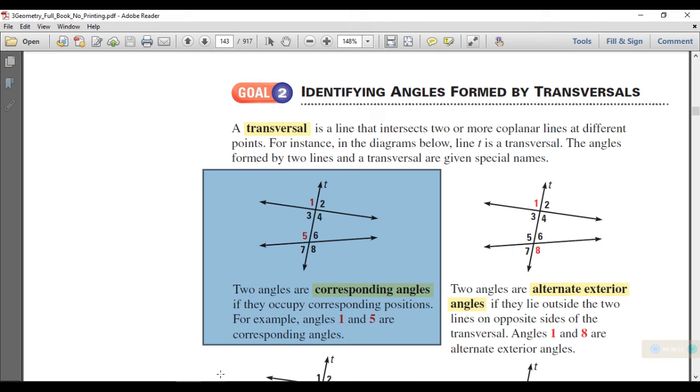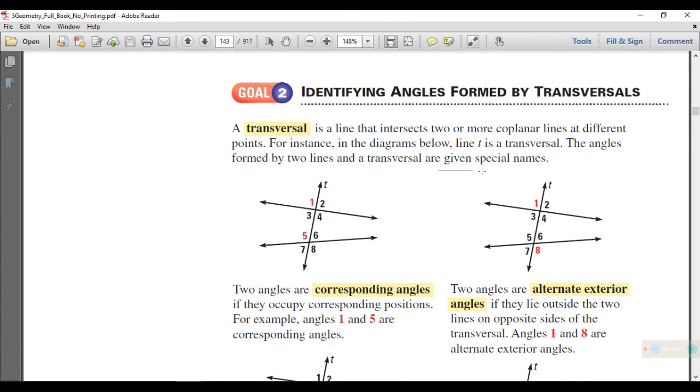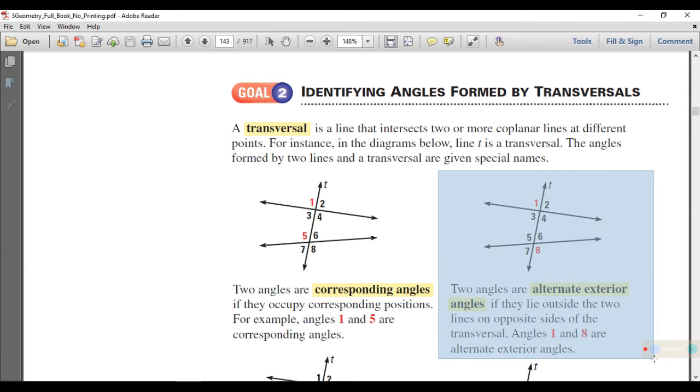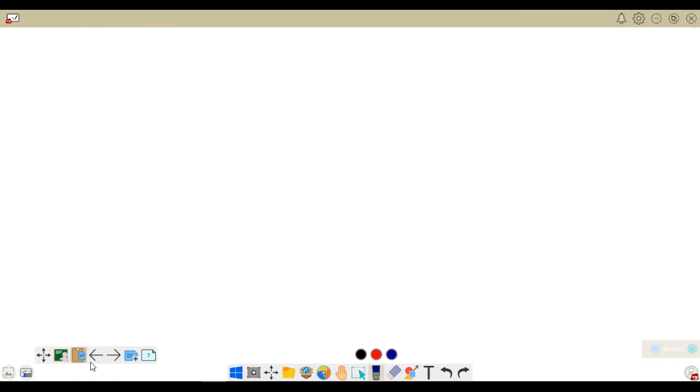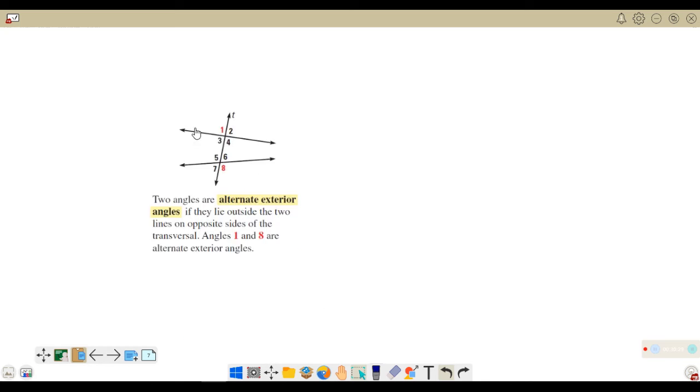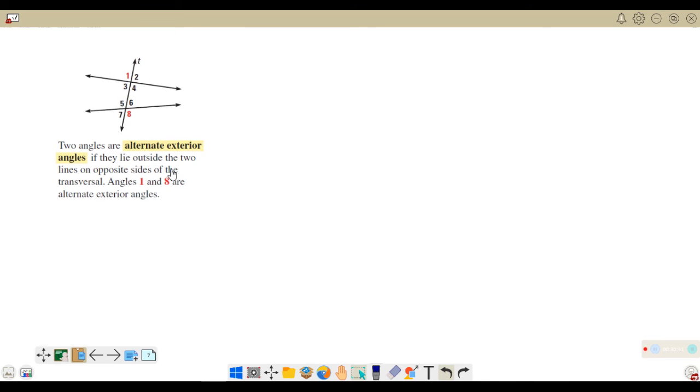Okay, next. Let's talk about alternate exterior angles. Nauna natin yung definition ng exterior angles kesa dun sa definition ng alternate exterior. Okay lang yan. At least, alam na natin na nasa labas sila pag exterior.